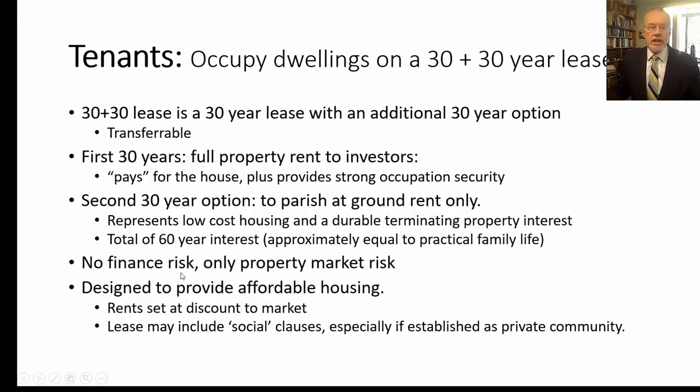The reference here to finance risk is that if the tenant was buying the property outright with a normal freehold arrangement, they would go to the bank and they'd be subject to the variabilities of the finance market, so basically interest rate fluctuations. Here, there's no interest involved, so there's no finance risk, only what's going to happen to the property market, and even that can be managed, or the result of a strategy by the parish itself. Again, there are further details to go into later.